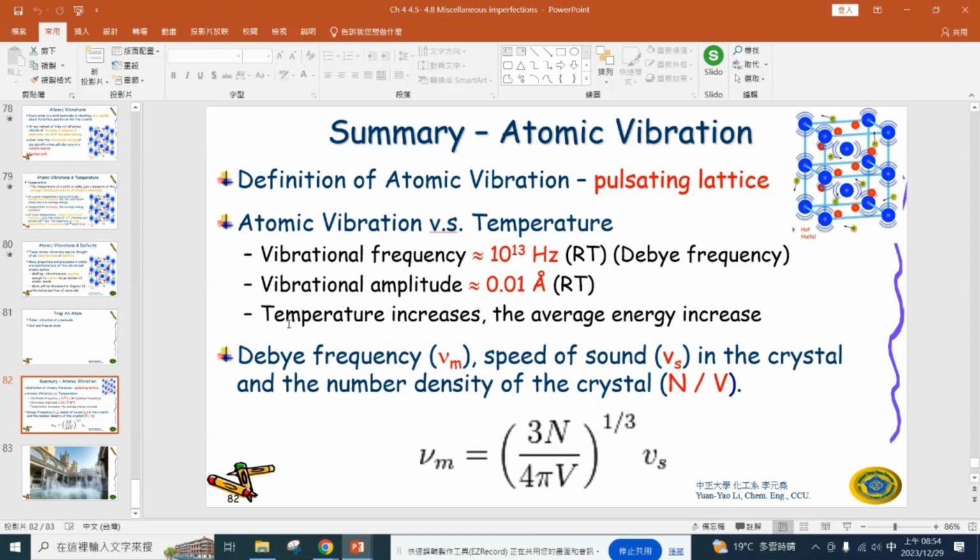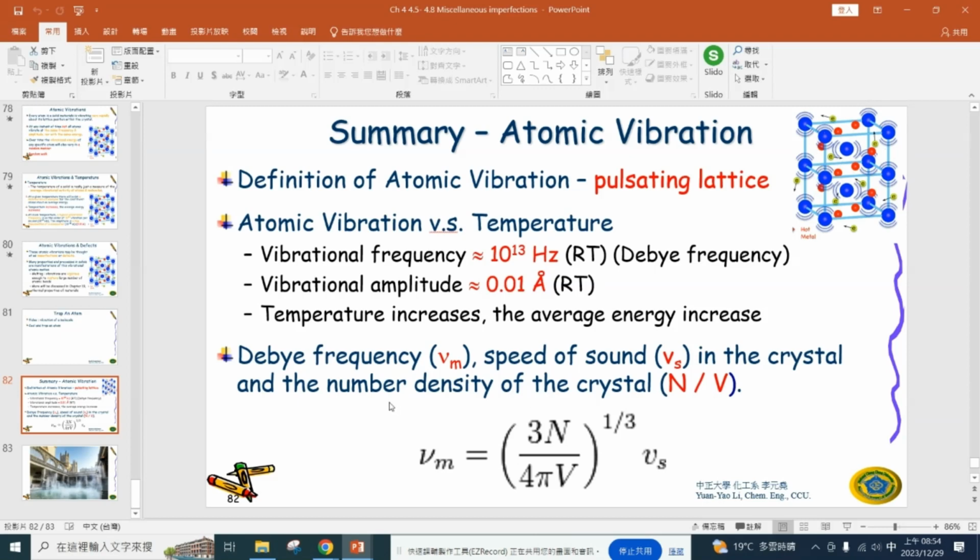Also, we know that if we increase the temperature, then the average energy increases. That means the vibration will be more violent and more quick. If we drop the temperature down to 0 Kelvin, then there's no vibration at all.